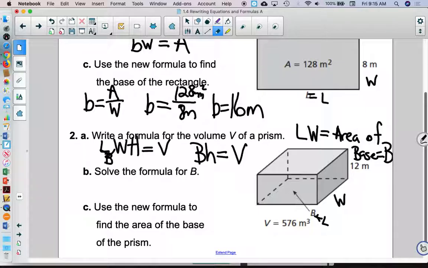What letter do I need to get rid of? Raise your hand and talk to me. Okay. H. I got to get rid of the H. How do I get rid of it? How do I undo multiplication, Emily? Division. So I'm going to divide by what?